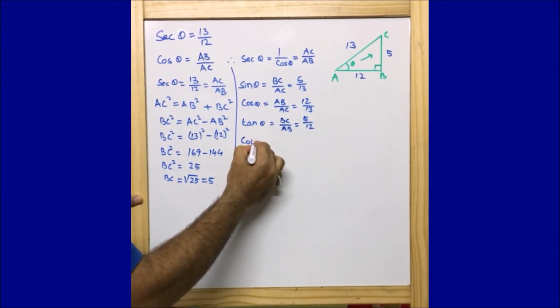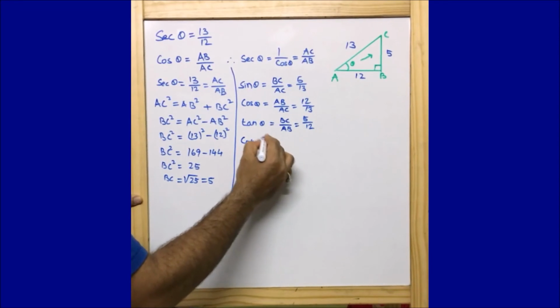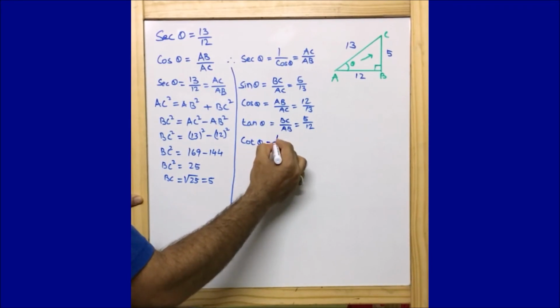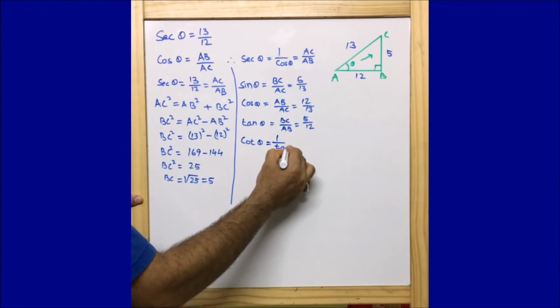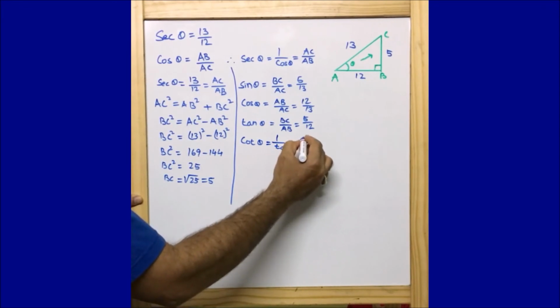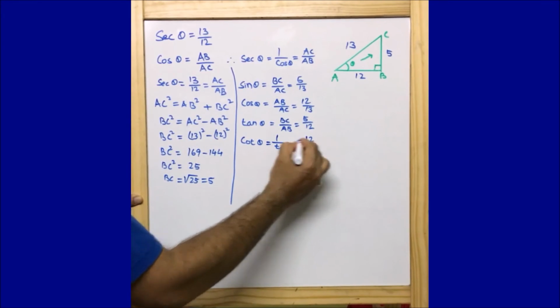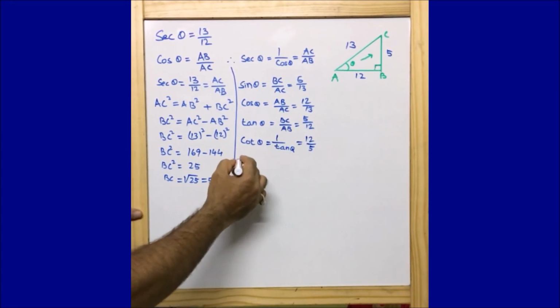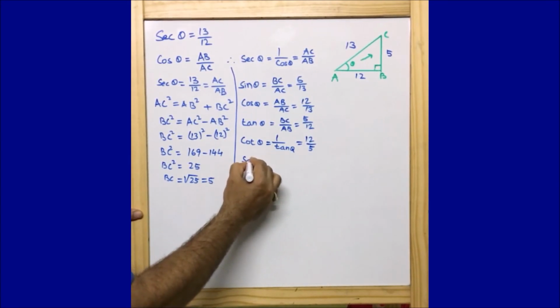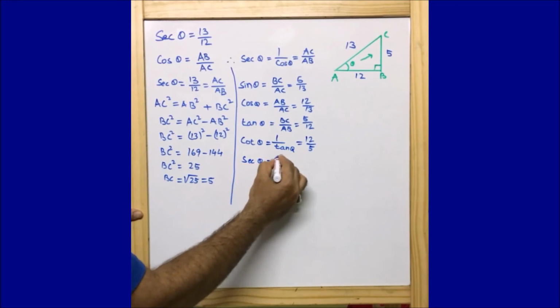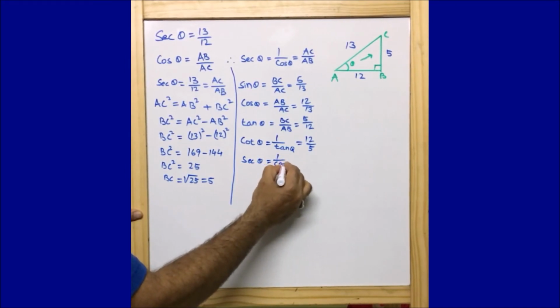Cot theta. As I told you, I only remember up to tan theta. I can write cot theta is 1 by tan theta. Since I got tan theta as 5 by 12, cot theta will become 12 by 5. Then sec theta is 1 by cos theta, sorry, 1 by cos theta.